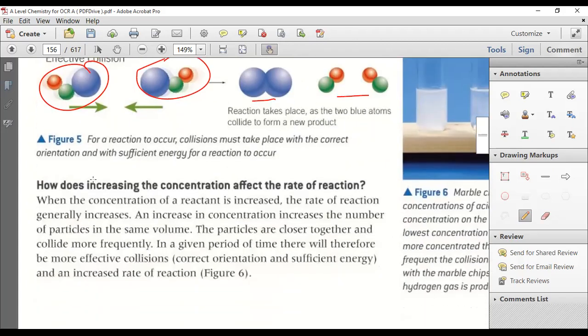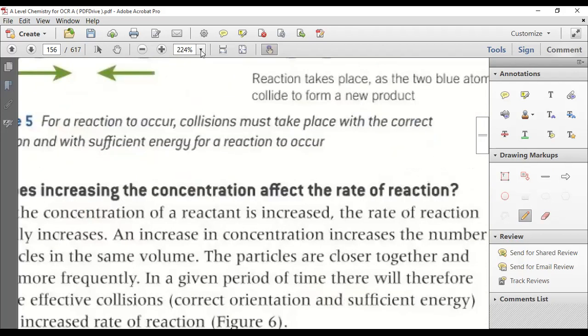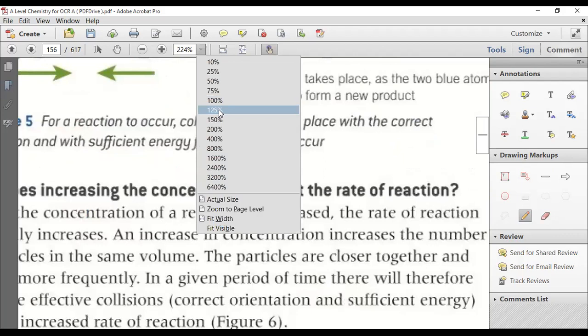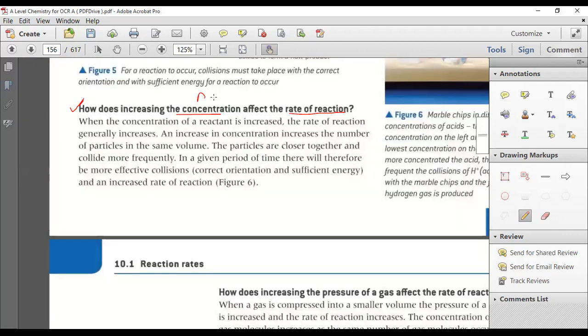Now, how does concentration affect the rate of a reaction? Suppose we increase the concentration of reactant. As per the collision theory, there should be collisions so that the particles can react.